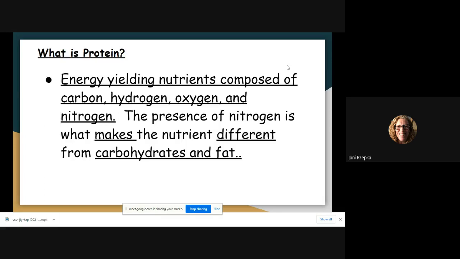But with protein, we're going to add in nitrogen. And I tried to underline some keywords for you to make it a little easier. And then just a little hand blurb would be great, and then I know I can move on.